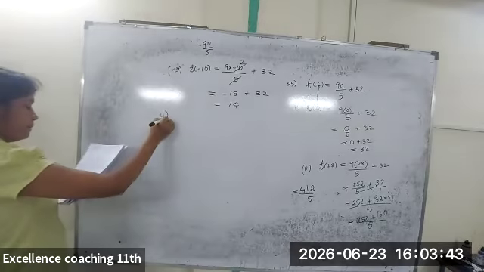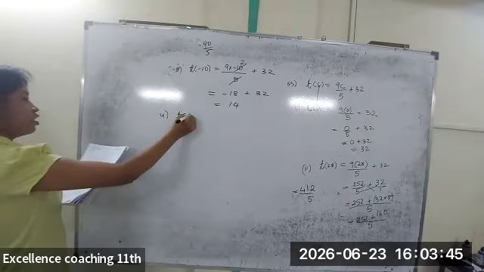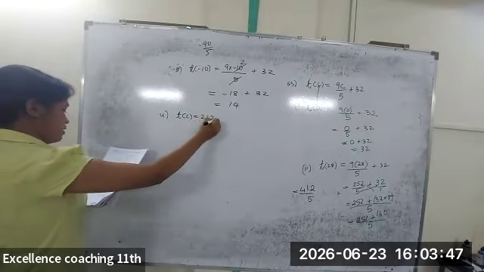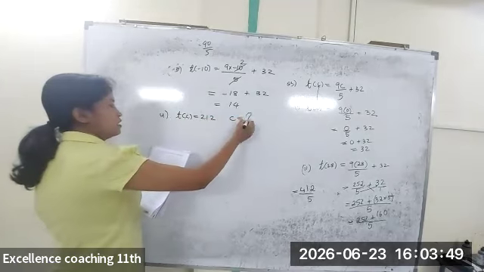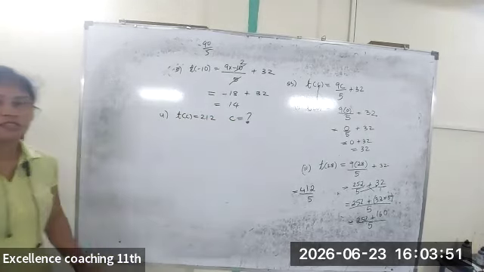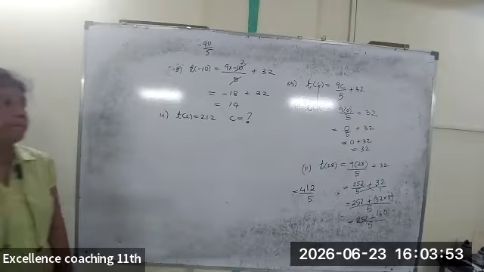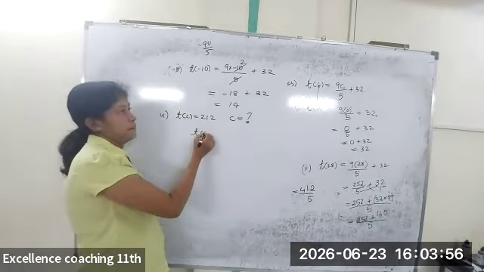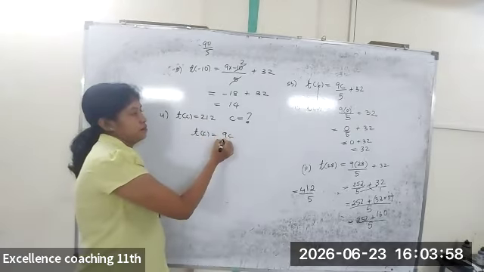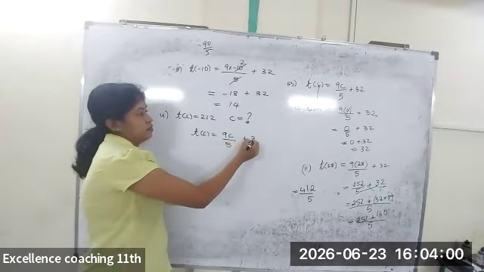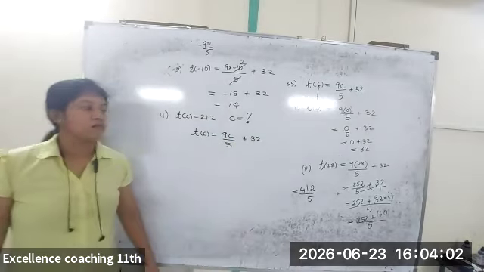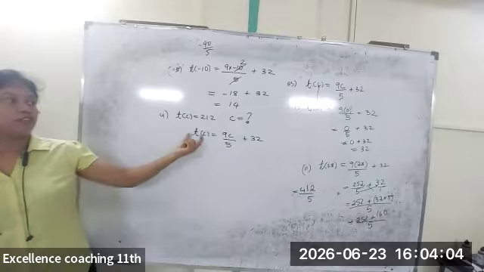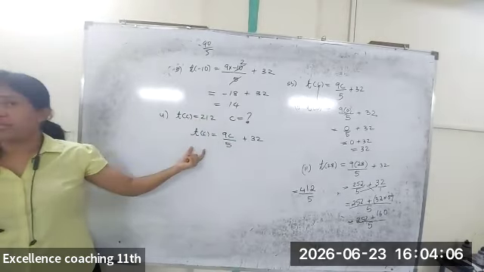And fourth one, T of C is already given to us and C is asked. Now write the formula again. Now instead of this, you have to put 212.